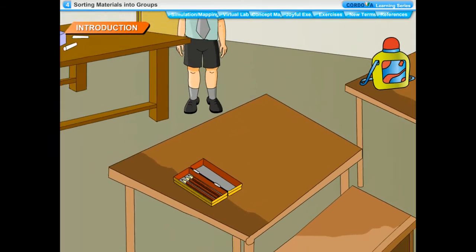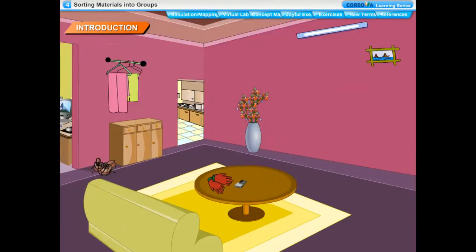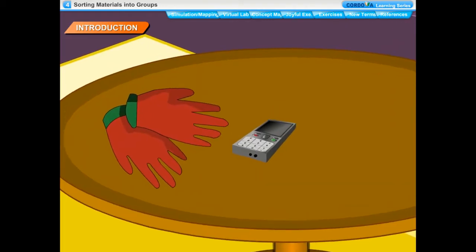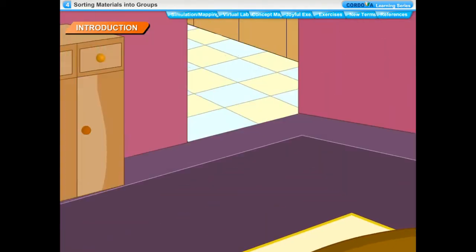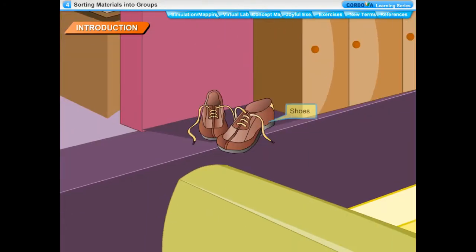You see things like toys, mobiles, gloves, clothes, shoes, and many other objects in your home.